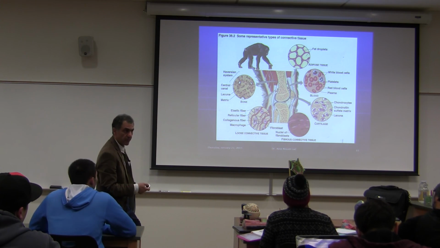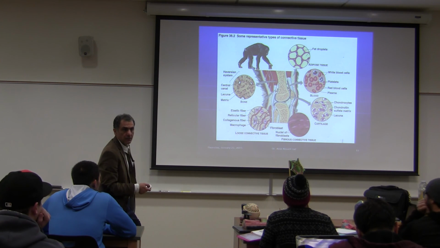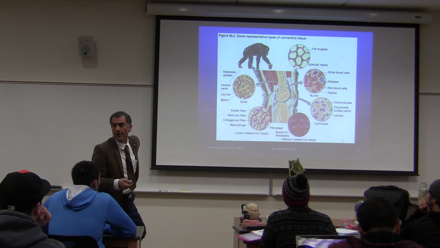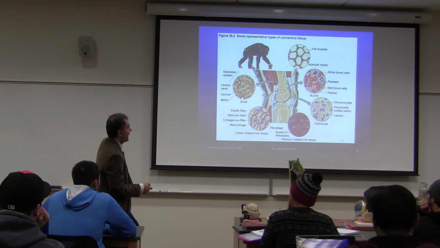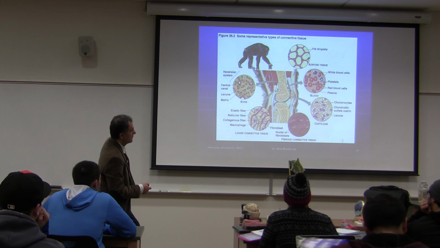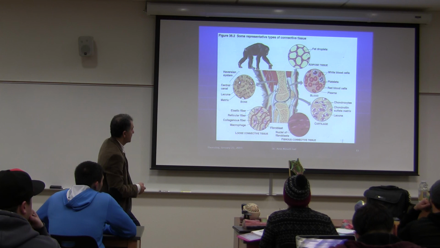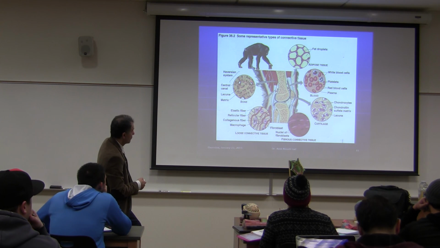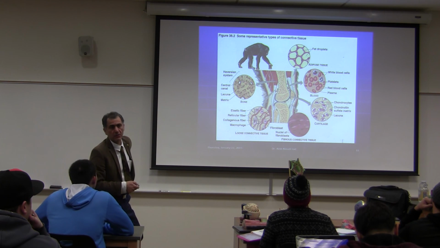Blood, white blood cells, they fight bacteria, viruses. Ebola, you've heard of Ebola? Okay. Chondrocytes, your cartilage. Then fibroblasts and elastic fibers, again in your bones, and bone, of course. All of that is connective tissue, supports you, and so on.